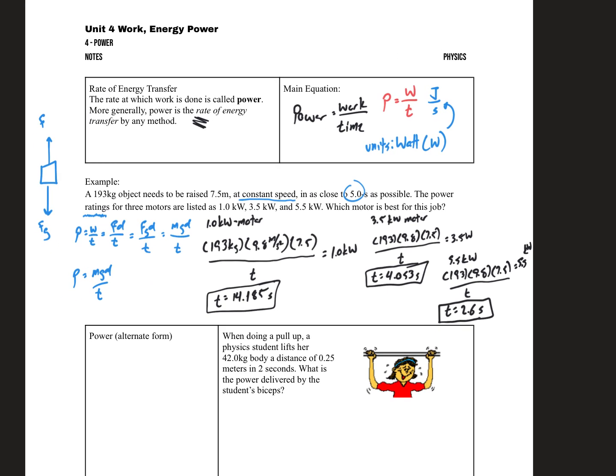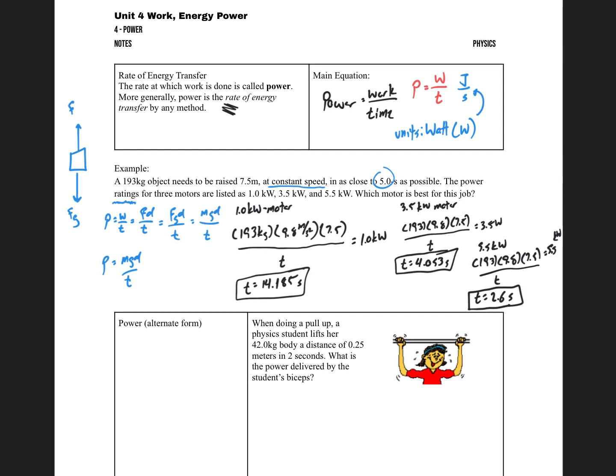And so to answer the question, which motor is best, so which one did it as close to 5 seconds as possible, the first motor was too slow. The last motor, the 5.5 kilowatt motor, did it too fast. And it looks like the 3.5 kilowatt motor was just right.